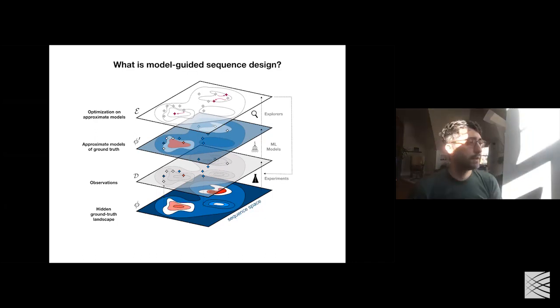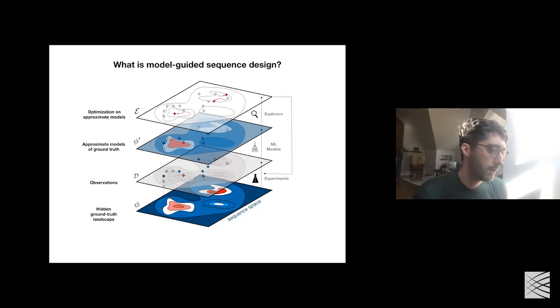Yeah, so I think it's a great question. It's sort of a limitation of this picture. What I am trying to present here is that the sequence space is represented by a 2D surface. It's obviously not a 2D surface. It's a high-dimensional space. And the trait that I'm interested in is represented by the color.